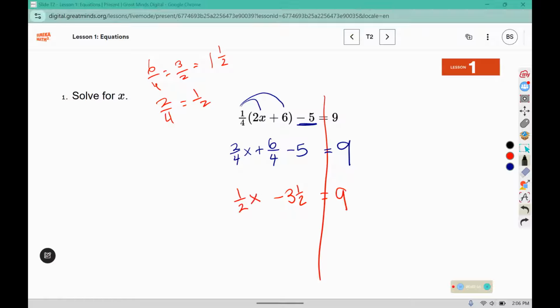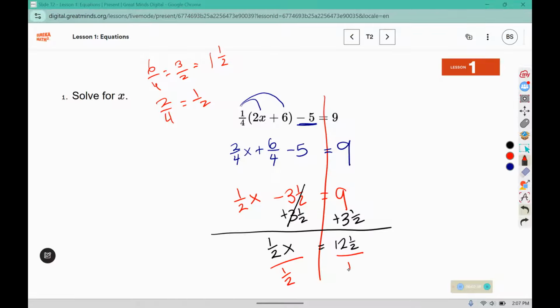Now we move the number pieces together. -3.5 plus 3.5 makes 0. 9 plus 3 is 12, so 12.5. And then we can divide both sides by 1/2.